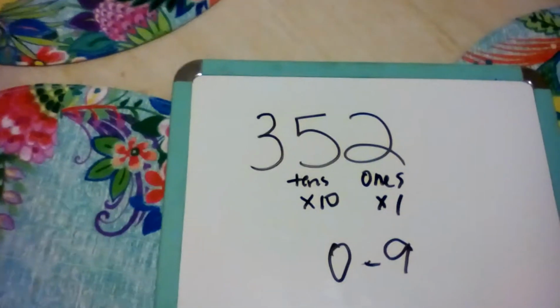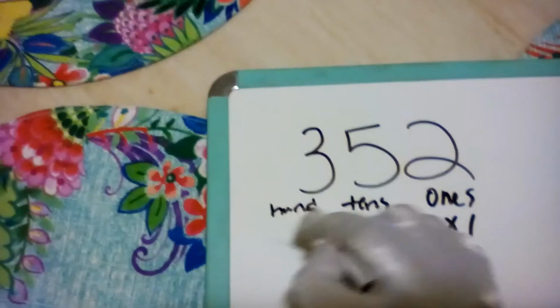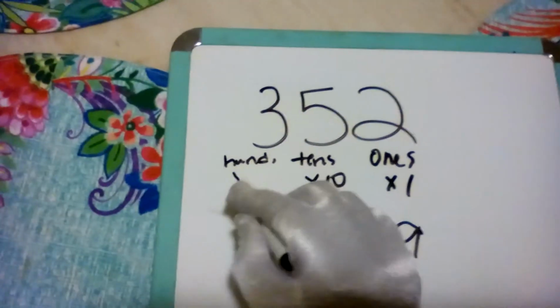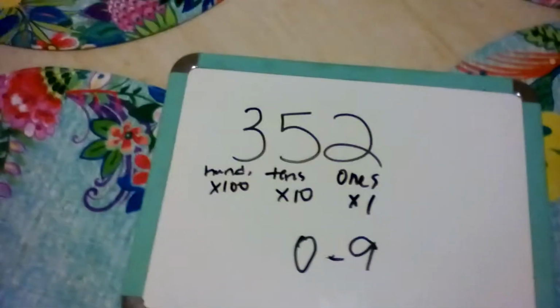The tens place has a numerical value of times 10. Directly to the left of the tens place is the hundreds place. The hundreds place has a numerical value of times 100. So there's our place values.